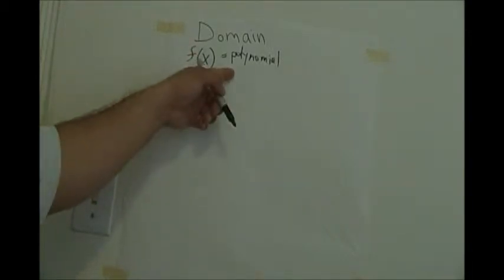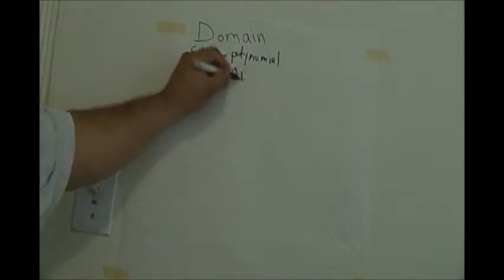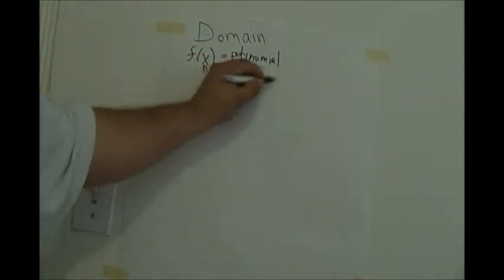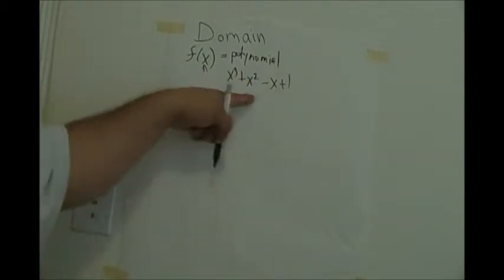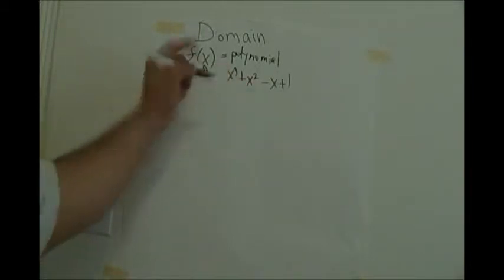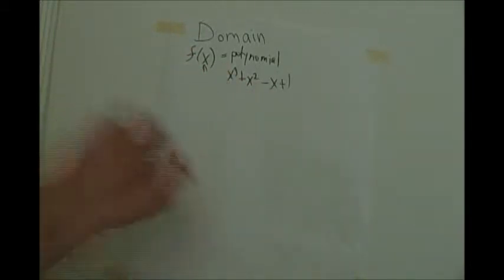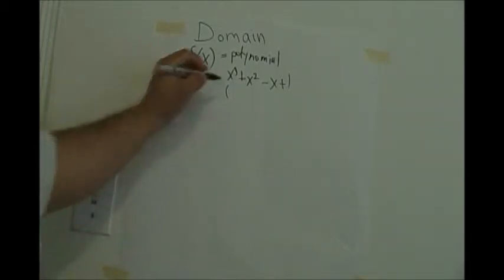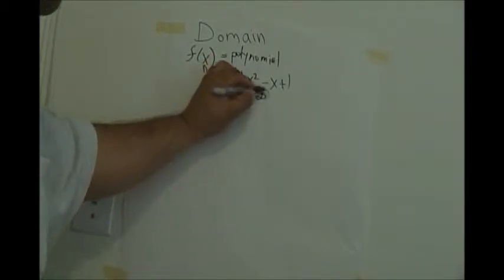A polynomial is something that has more than one term, like x cubed plus x squared minus x plus 1. But you can plug in any number for x, negative or positive, and you'll still get an answer. There's no undefined answers. So we see that it's from negative infinity to infinity, okay?